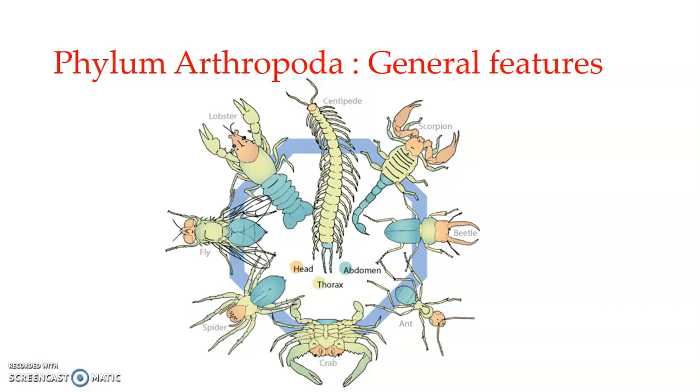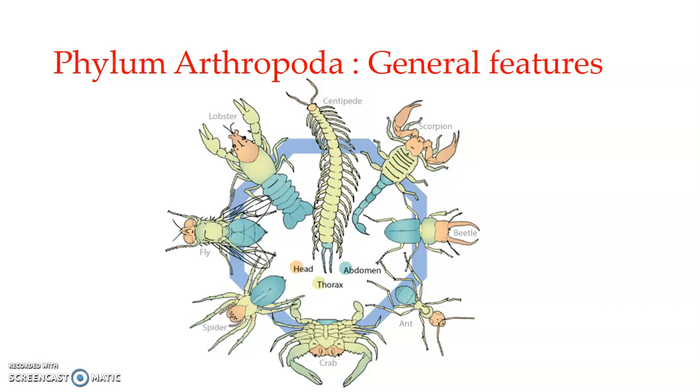Likewise, in some, the body may be differentiated into prosoma and opisthosoma, as in the case of spiders. Such different kinds of fusions and loose joining can be found in various groups under Phylum Arthropoda itself. Whatever it is, the body is divided into 3 regions, the head, thorax, and abdomen, in most of the cases.